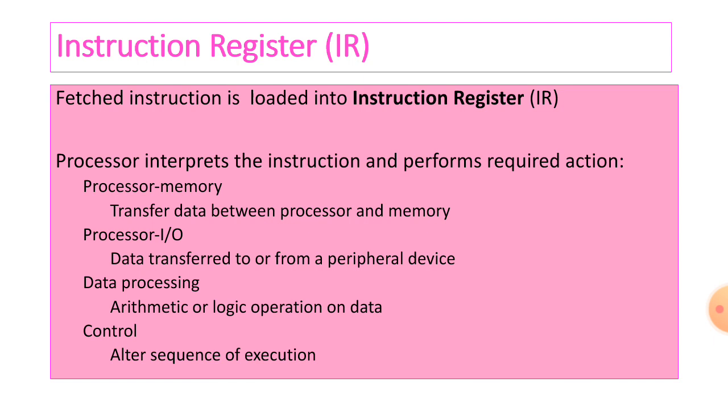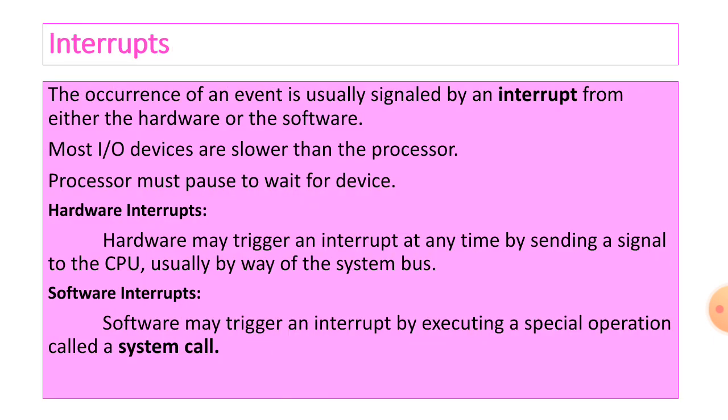The processor interprets the instruction and performs the required actions. Processor memory: transfer data between processor and memory. Processor I/O: data transfer to or from peripheral devices. Data processing: arithmetic or logic operation on data. And control: alter the sequence of execution.